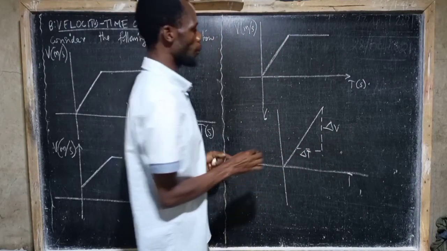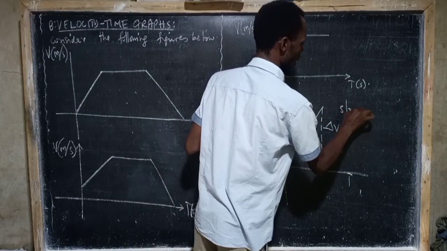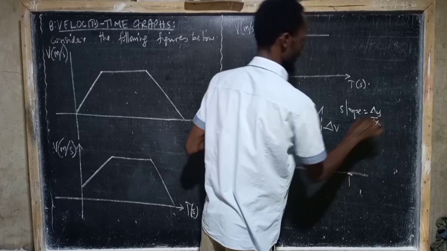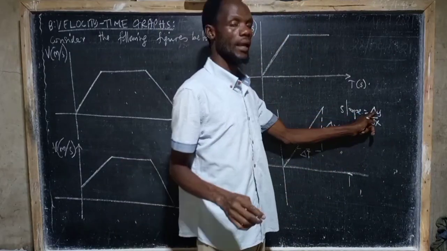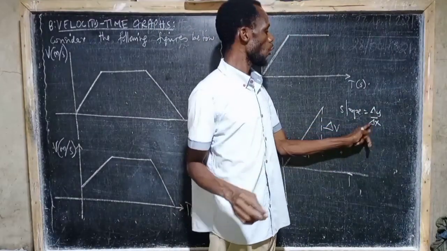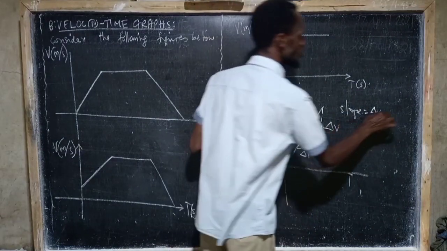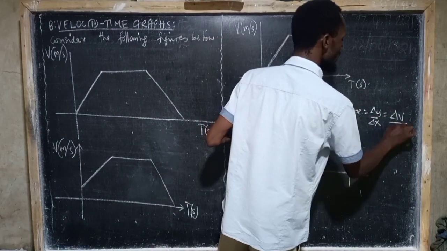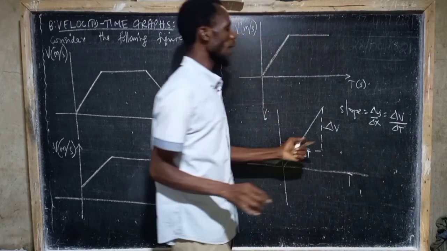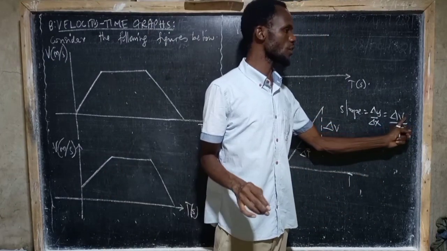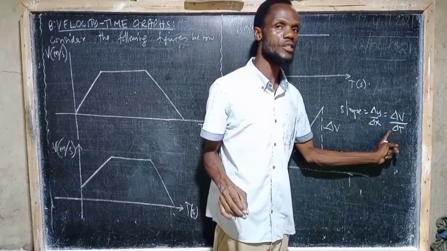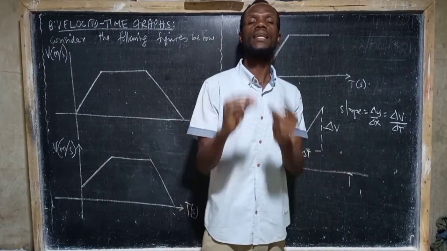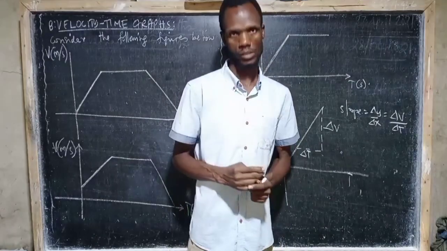The slope is equal to change in y over change in x. But what represents y and what represents x? What represents y is the change in velocity, and what represents x is the change in time. So we have change in velocity per time. According to the definition, acceleration is the rate of change of velocity.